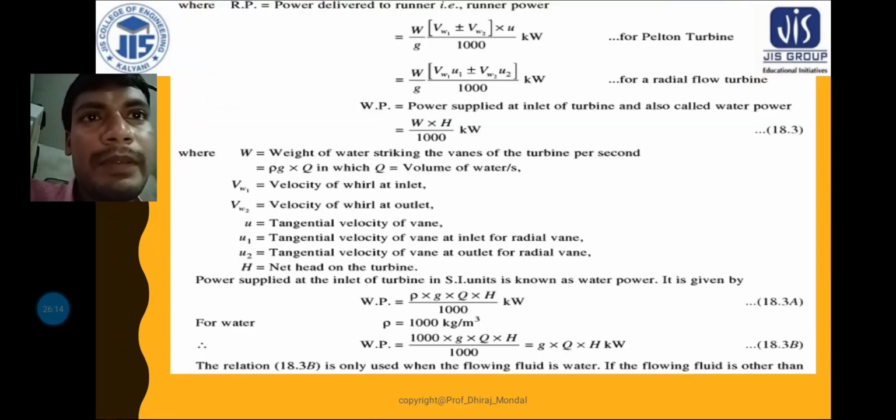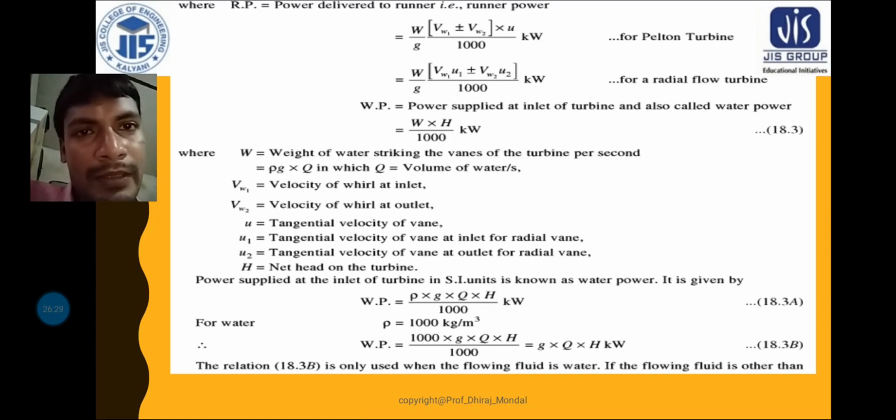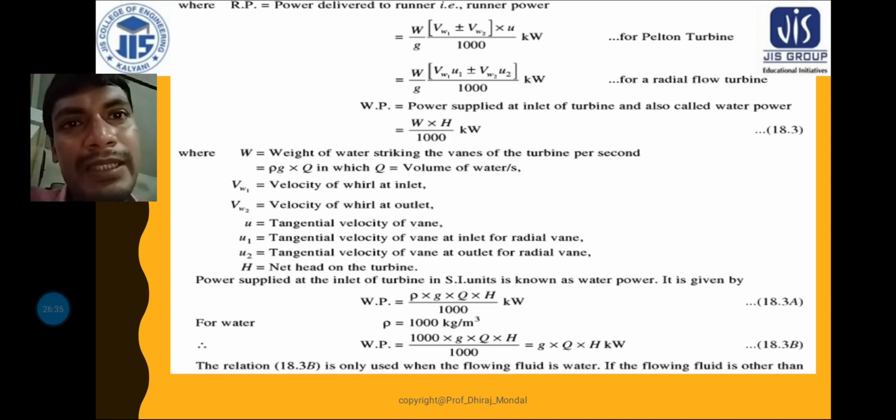So here if I am talking about the runner power, the runner power is equal to power delivered to the runner. Power delivered to the runner is in the impact of jet in the fluid machinery chapter ME 401. If you have seen my lecture, this lecture is available on my YouTube channel DM Study Center. You can see that lecture also.